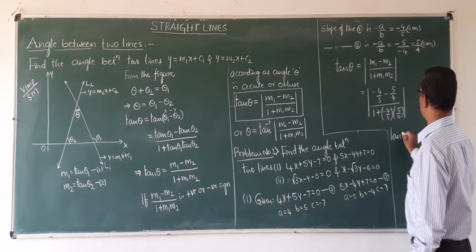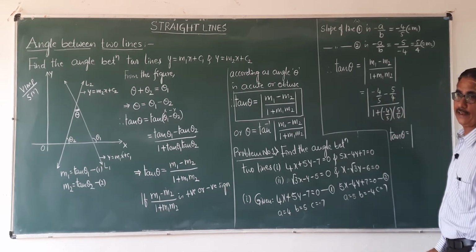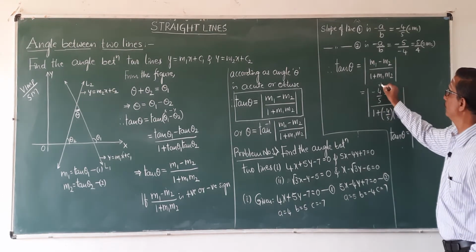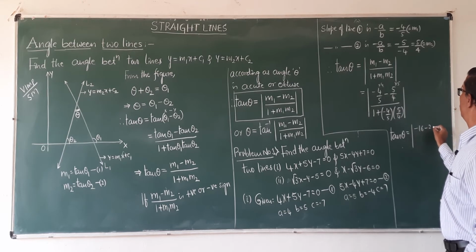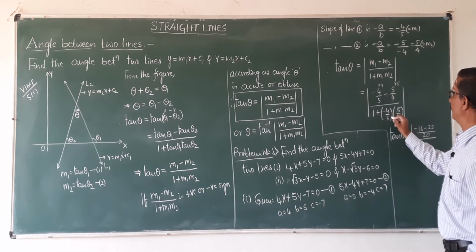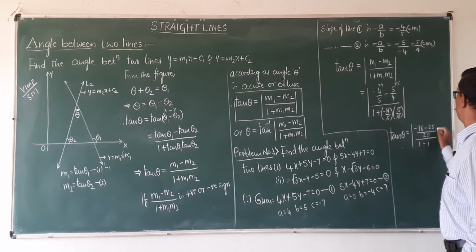So tan theta is equal to modulus of, in the numerator take the LCM. LCM of these two is 20: 5 4s are, 4 5s are, minus 16 minus 25 divided by 20, whole divided by, 5 5 cancel, 4 4 cancel, 1 plus into minus, minus 1.